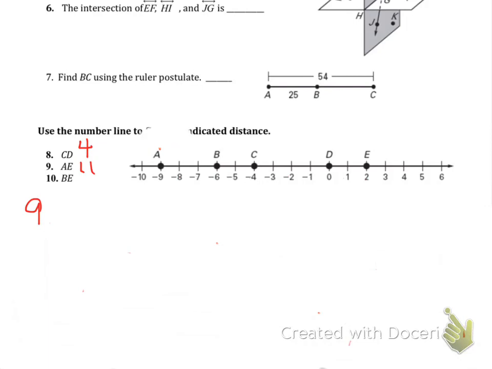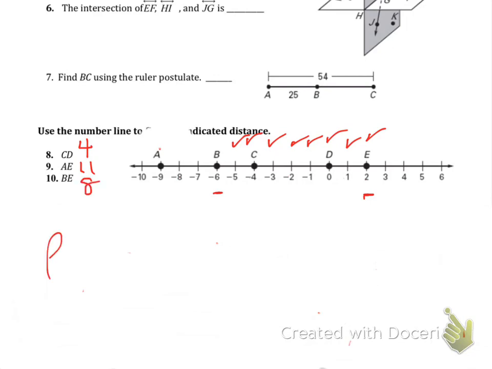BE is what we want to find. To get BE, I'm going to go from this hash mark all the way to here. If you count the hash marks again, I start at B and I say 1, 2, 3, 4, 5, 6, 7, 8, and I get a value of 8 doing the counting.